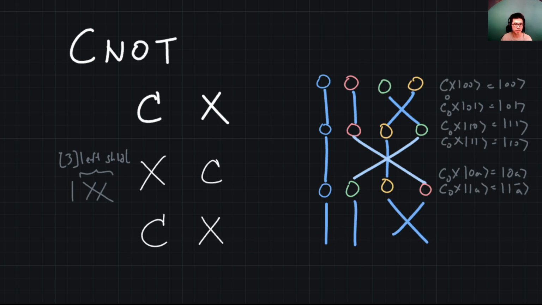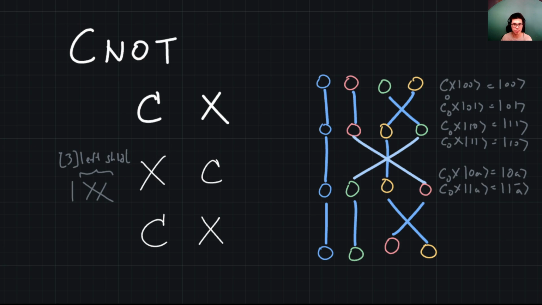Okay, now let's draw how the sigils flow. So it's still going to be blue. Now the green still remains in place. However, the reds would move left one spot, the yellow would move right one spot.